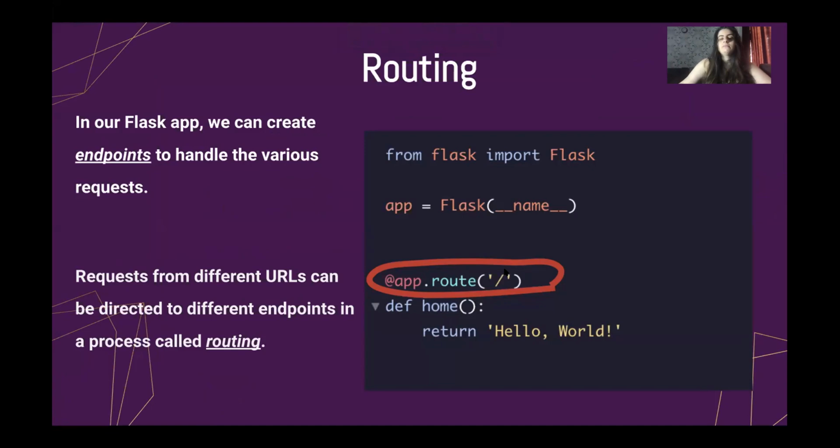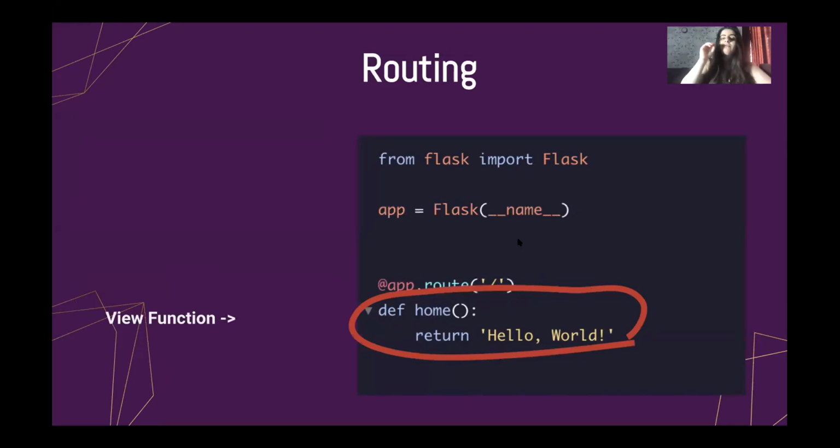So basically it gets the request from the user. And we have a thing called a view function, which comes right after we use route. It does exactly what it sounds like. It views something, for example.